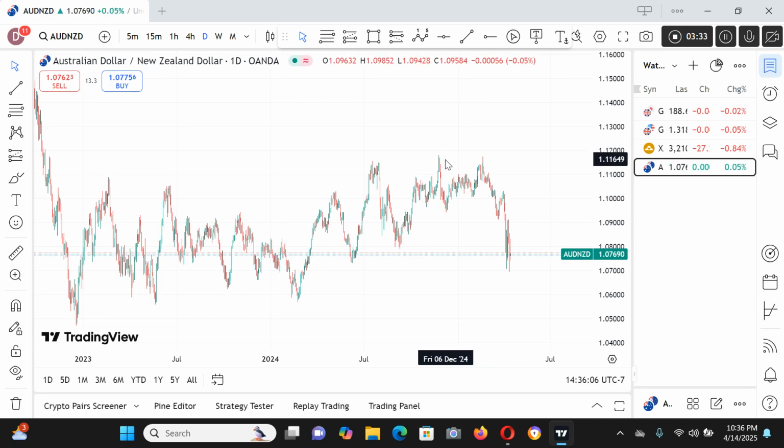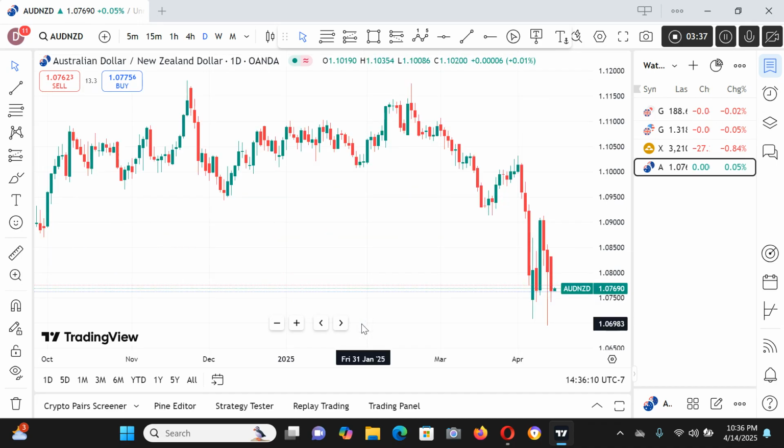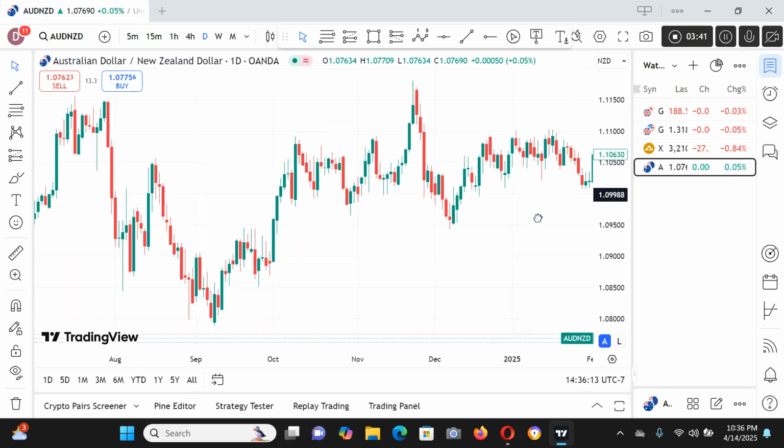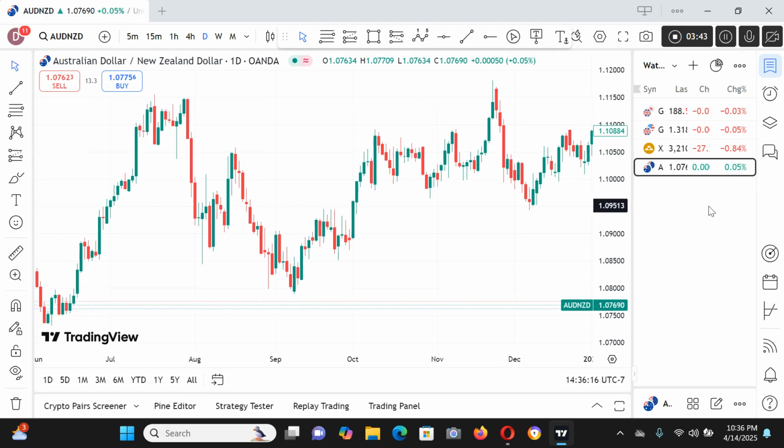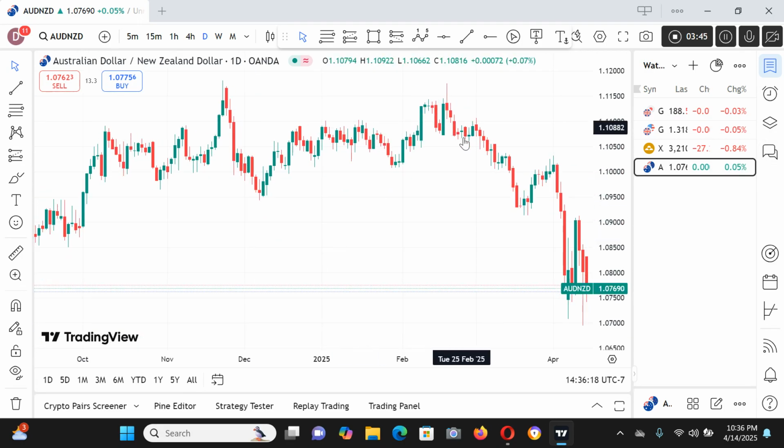So we can consider this one as a downtrend. So from the daily time frame, we agree this market is on a downtrend. This was higher high, higher low, and it has changed to lower high, lower low, lower high, lower low, lower high, lower low.